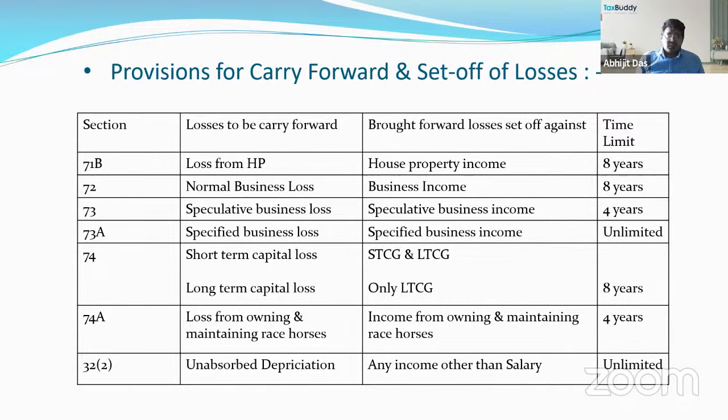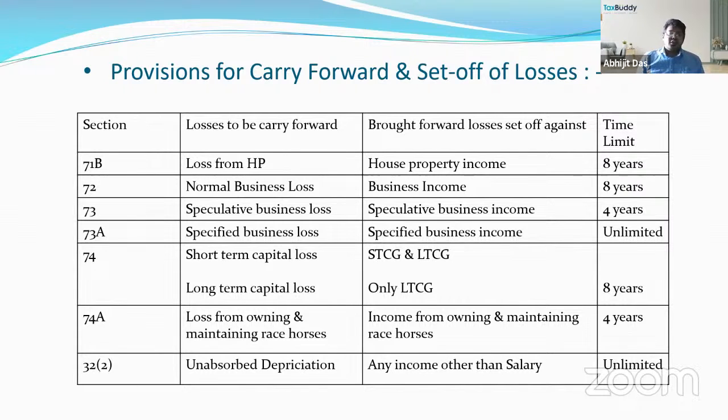According to section 74A, losses from owning and maintaining race horses. Any carry forward loss relating to owning and maintaining race horses can only be adjusted against the income from owning and maintaining race horses in the subsequent year, and the time period for such adjustment is 4 years.